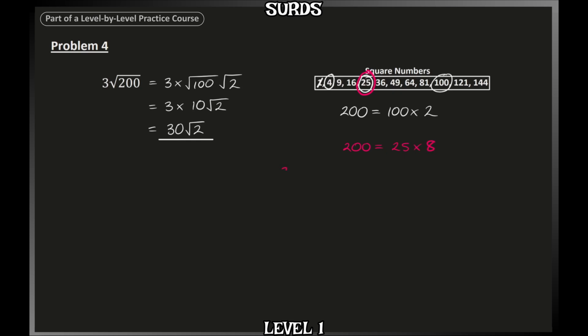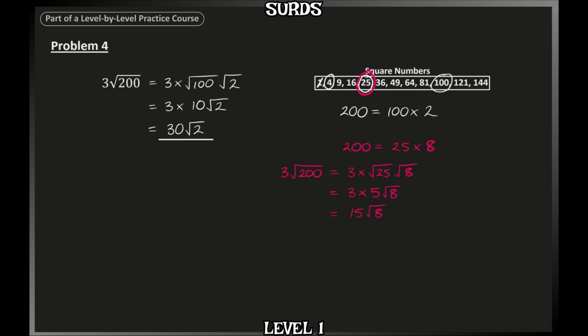So what this would mean is that 3 times the square root of 200 can be written as 3 multiplied by the square root of 25 times the square root of 8. Now 25 is a square number, so we can square root it. So this becomes 3 multiplied by 5, because the square root of 25 is 5. So we get 5 root 8, and 3 times 5 is 15. So this is 15 root 8.